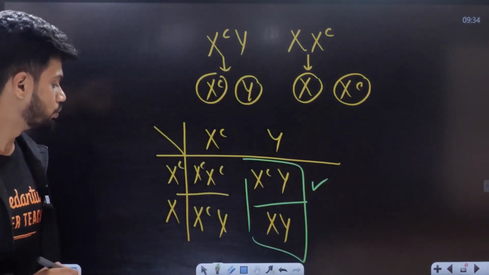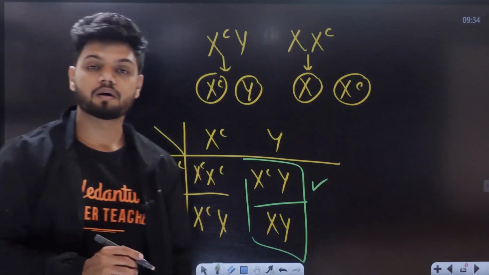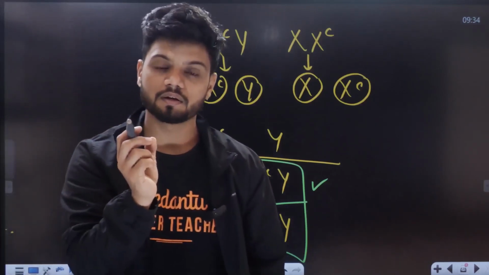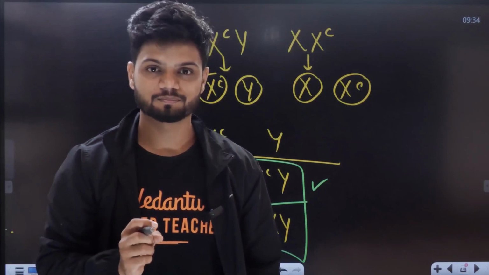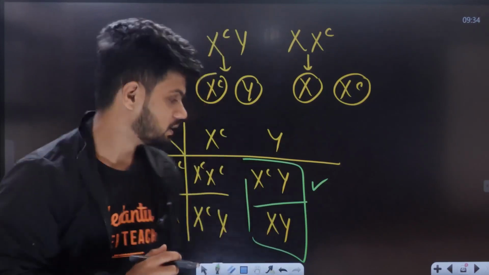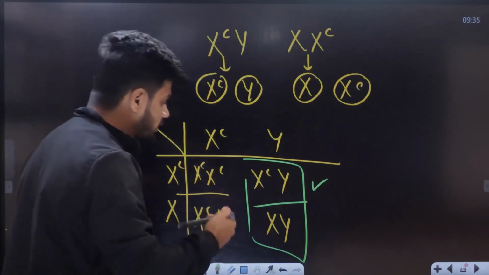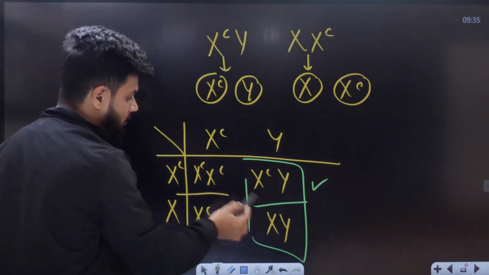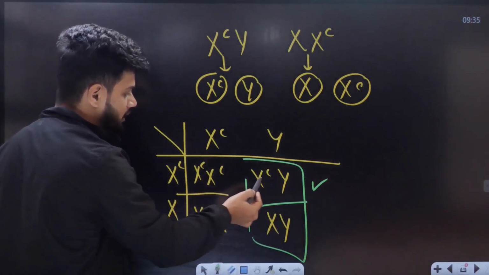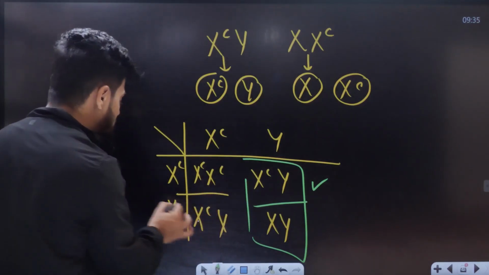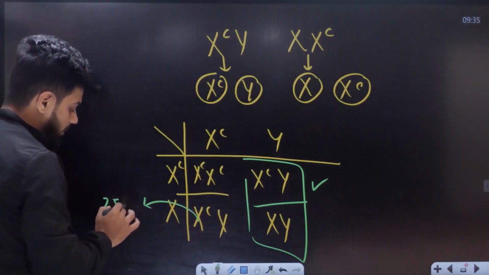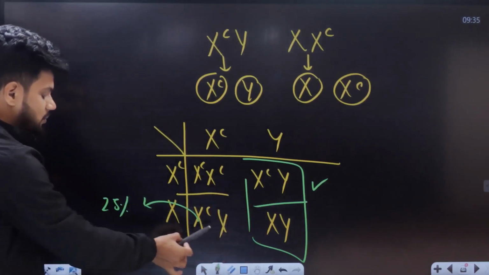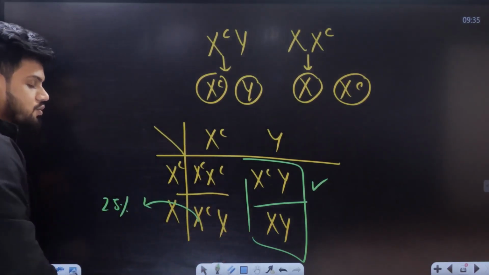Now what if I ask you, what is the percentage of offspring being a carrier here? When I say offspring, you have to take the entire thing, males and females both. This one is normal, this one is colorblind. So in such cases, 25% is going to be a carrier.